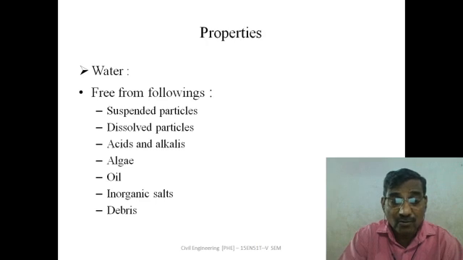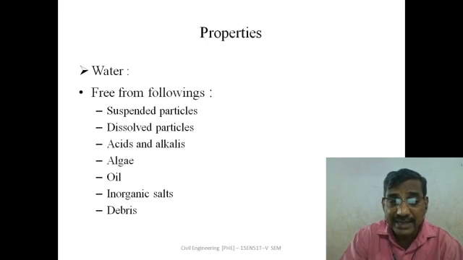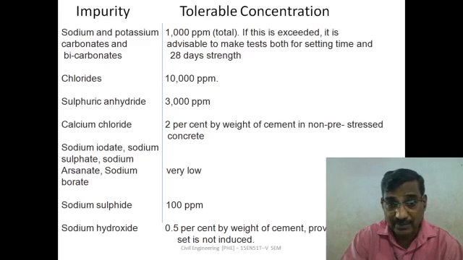Next, usually potable water is used for the concrete, which should be free from suspended particles, dissolved particles, acids, alkalis, algae, oil, inorganic materials, debris, salt, sugar. So, some standard tolerance values are given. Sodium and potassium should be less than 1000 ppm. Carbonates and bicarbonates should be 10,000 ppm.